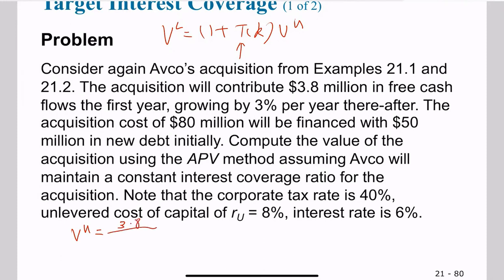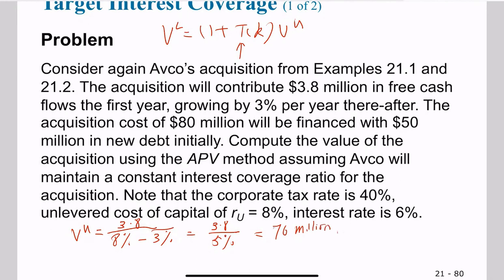And then the unlevered cost of capital is 8%. And we minus the growth rate, which is 3%. So this would give us 3.8 divided by 5%. So I think it's 76. It's $76 million.